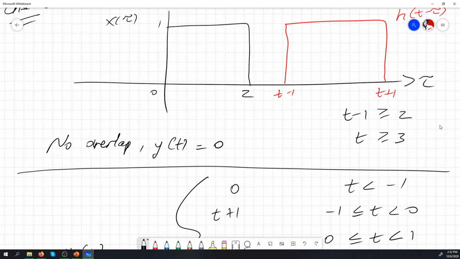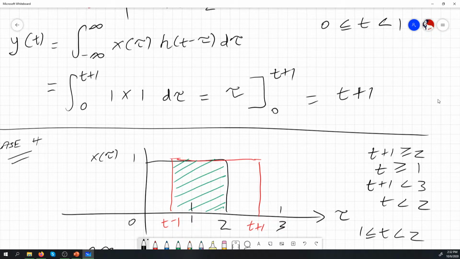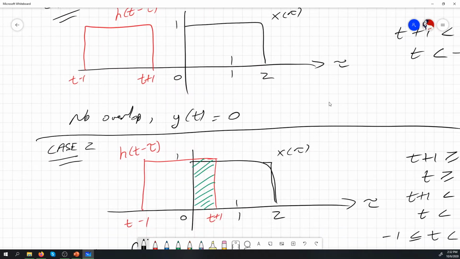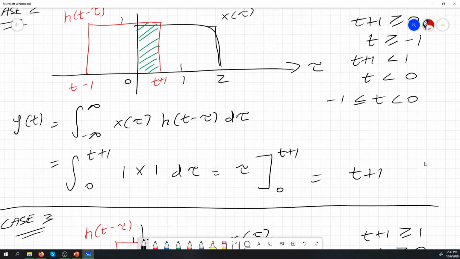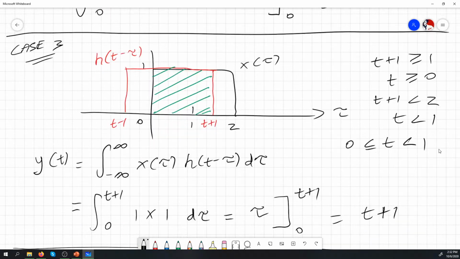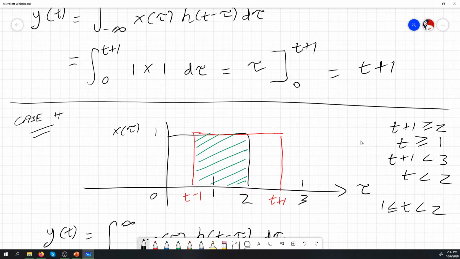Verifying that by backtracking, this will be case 2 and 3, sorry. So for -1 less than t less than 0, t plus 1. And then for 0 less than t less than 1, t plus 1 as well, right?